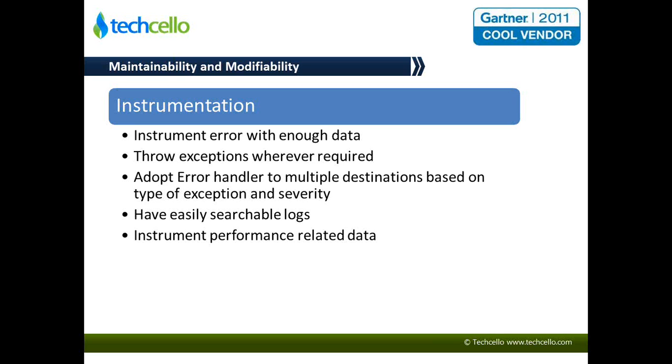Proper use of exceptions needs to be in place. Have error handlers for specific types of errors. Not all errors have to go to the database. Not all errors need to go to event logs. So properly categorize your error types, and based on the error types, you could have different error handling strategies.